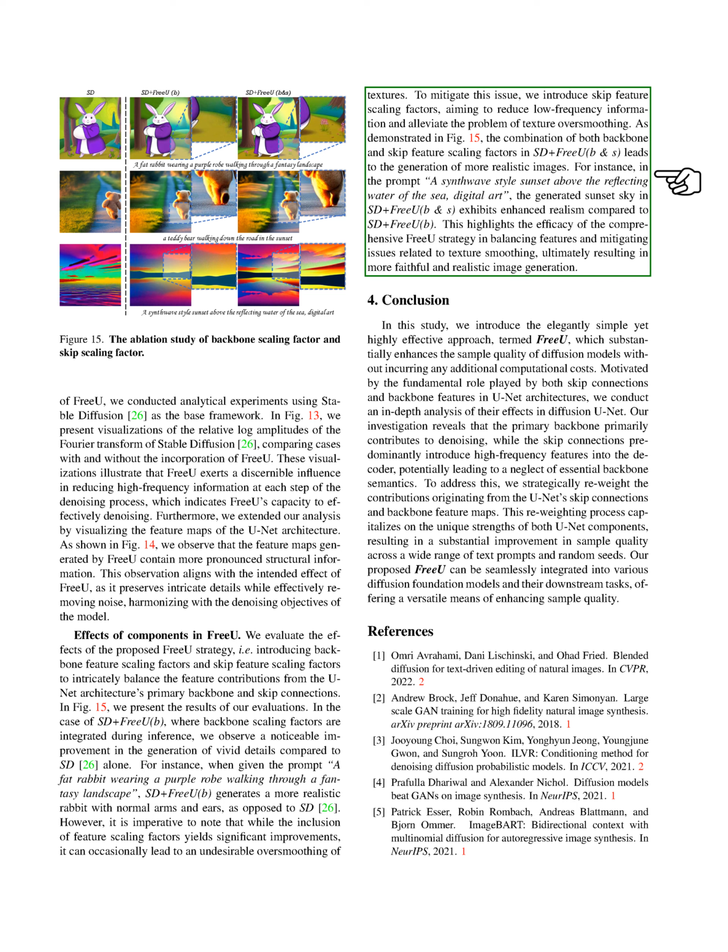For example, in the prompt, "a synthwave-style sunset above the reflecting water of the sea, digital art," the generated sunset sky in SD plus FreeU, B and S, is more realistic compared to SD plus FreeU, B. This underscores the effectiveness of the comprehensive FreeU strategy in balancing features and addressing issues related to texture smoothing, ultimately leading to more accurate and realistic image generation.